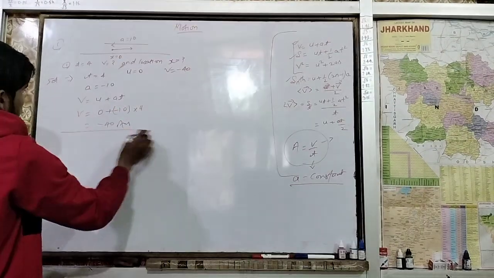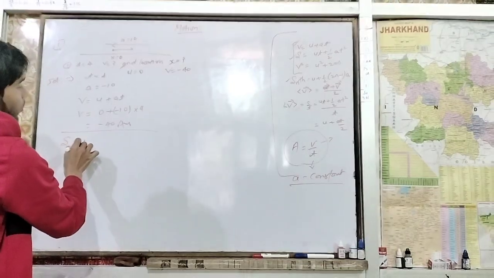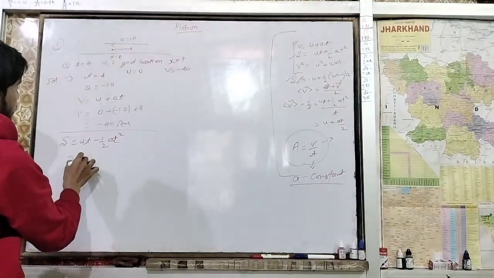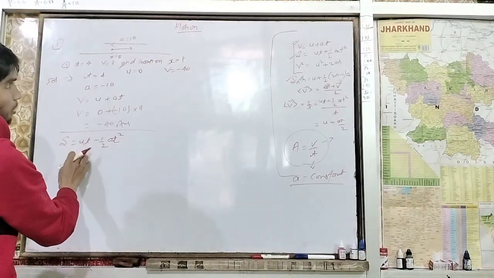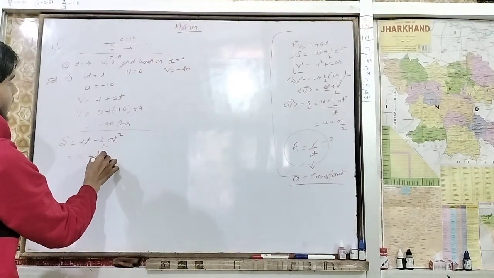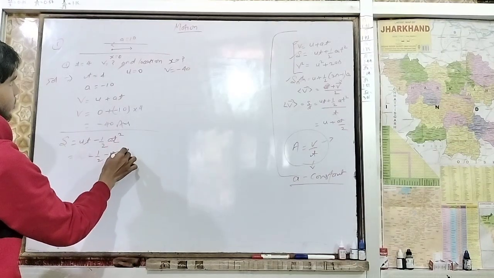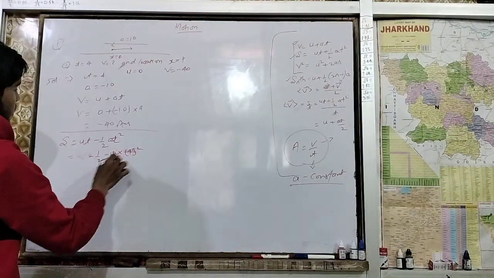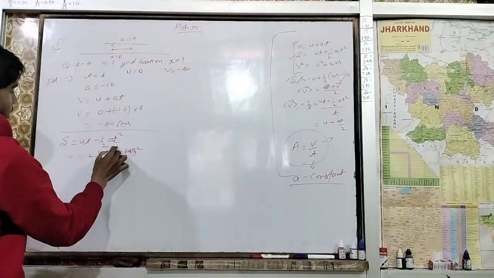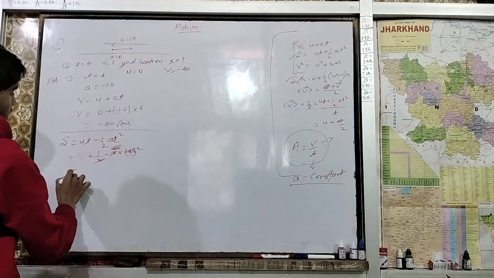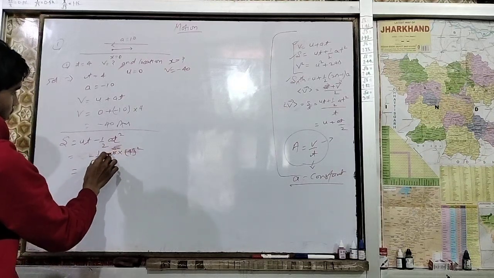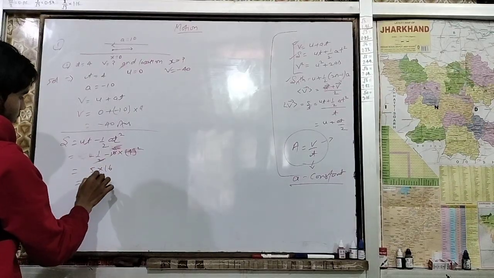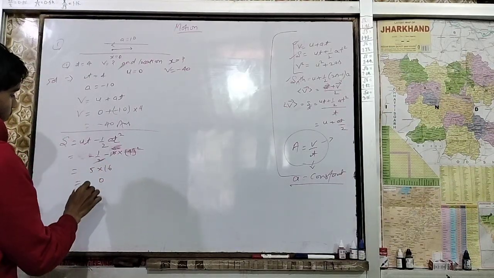But let's see. S equals ut plus 1 by 2 at square. So u is 0, it becomes 0. Plus 1 by 2, a is minus 10, then t is 4 raised to power 2. 2 5s are 10, 4 4s are 16, and 5 3s are 80.